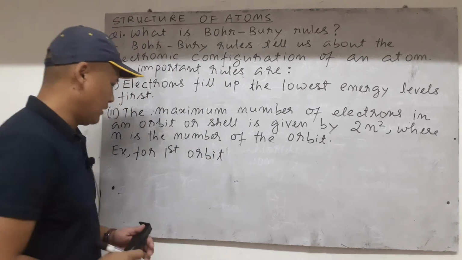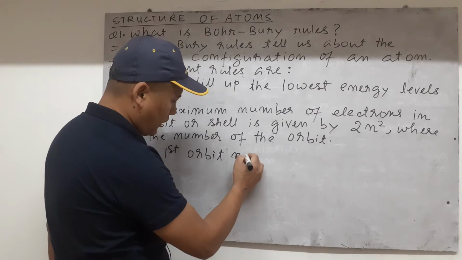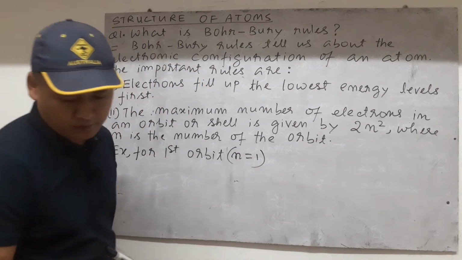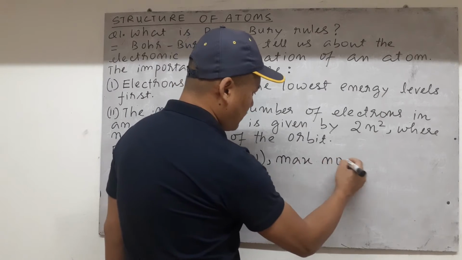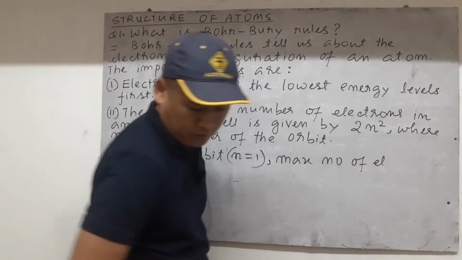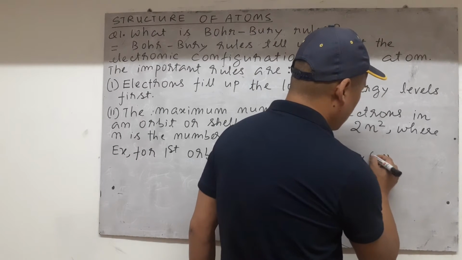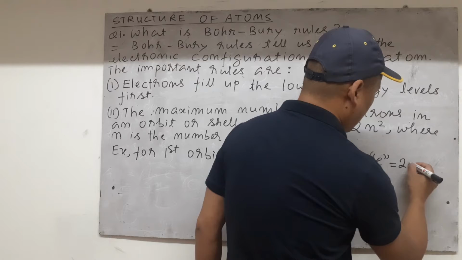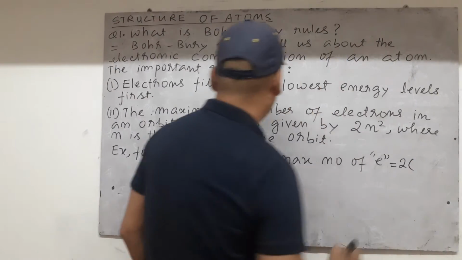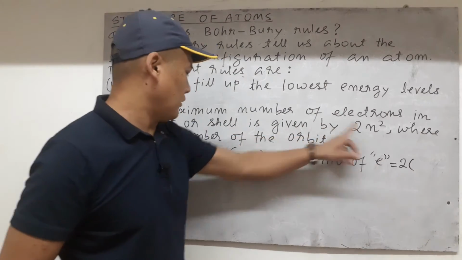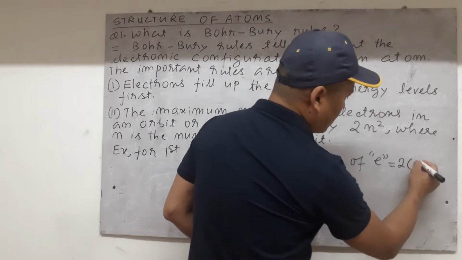For the first orbit, n equals 1, and the maximum number of electrons, which can be represented by small e, will be 2n square. So 2 into n square, and n for the first orbit is 1, so 1 square.